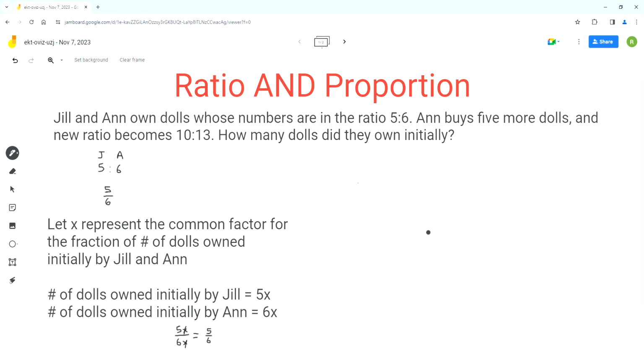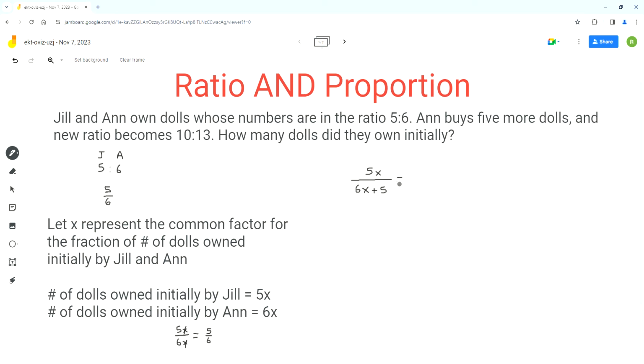So as per the second part, Anne buys 5 more dolls and the new ratio becomes 10 to 13. So the number of dolls owned by Jill stay the same, so that is 5x, but now Anne has 5 more dolls, so we get 6x plus 5 because Anne has bought 5 more dolls.